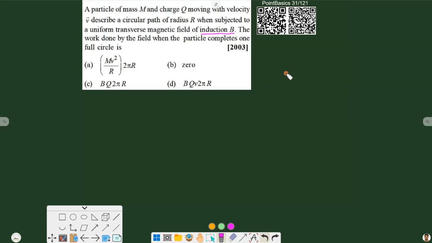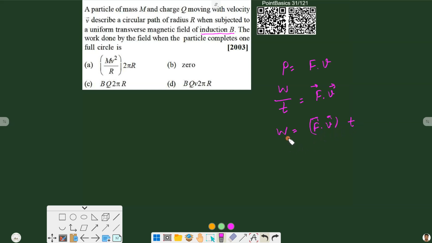And we know that power is force times velocity, and power is work upon time. So F dot V, and from this the work will be F dot V into time.